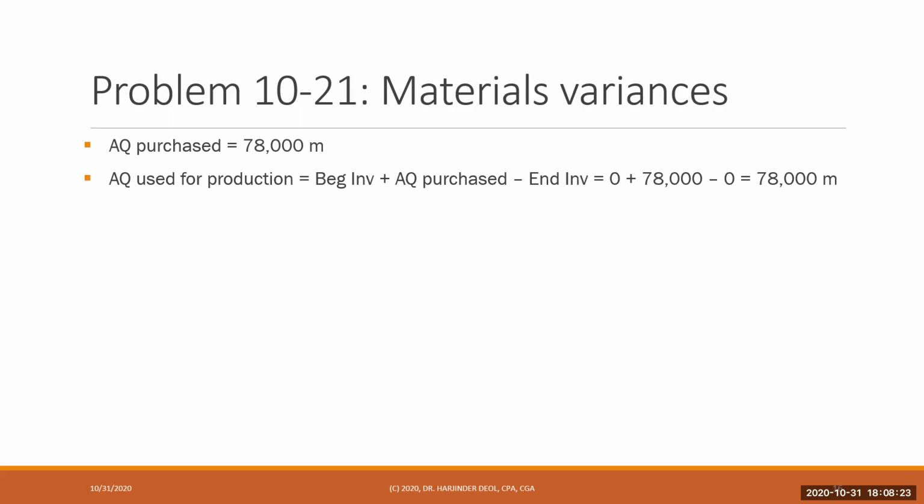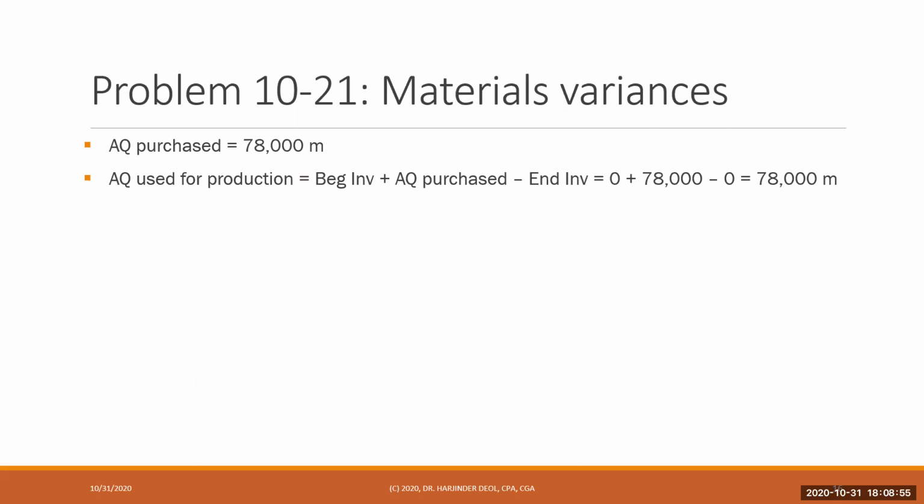So the computation of how to get the actual quantity used for production is you take the beginning inventory, add actual quantity purchased, and subtract the ending inventory of materials. In this particular problem, there were no beginning and ending inventories. So therefore, the total actual quantity purchased ended up being the actual quantity used for production as well, 78,000 meters.